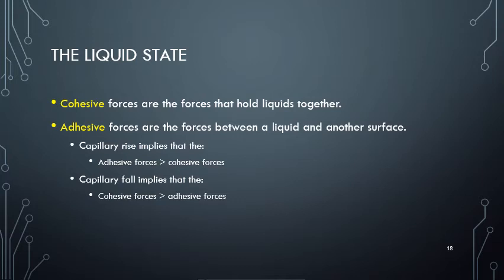So when we talk about the capillary action rising, that is telling us that the adhesive forces between the container walls and the liquid are stronger than the attractive forces between the liquid particles. If the capillary falls, then that tells us that the cohesive forces are going to be greater than the adhesive forces. This is going to relate to the meniscus that we could see in a graduated cylinder.